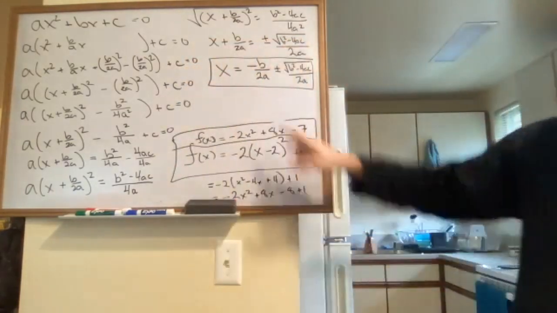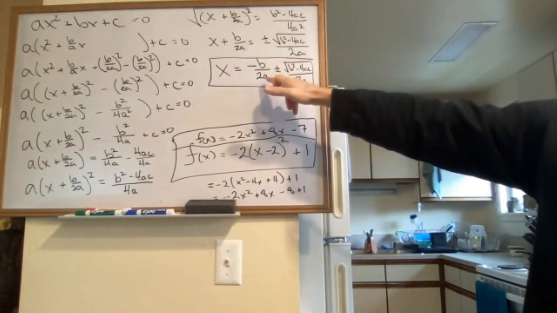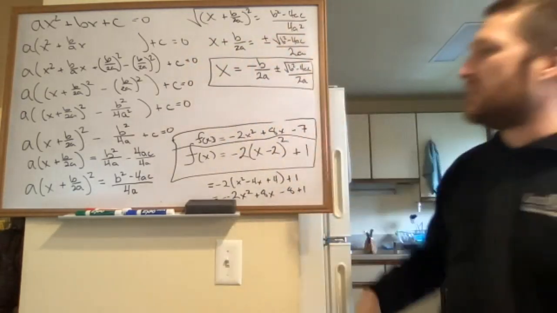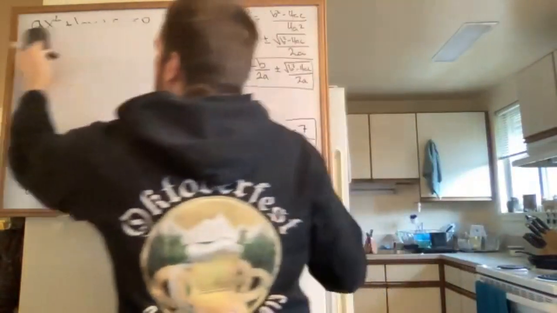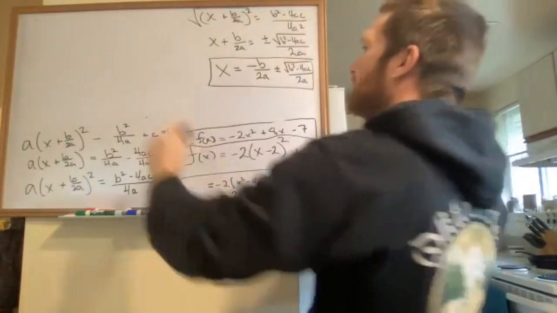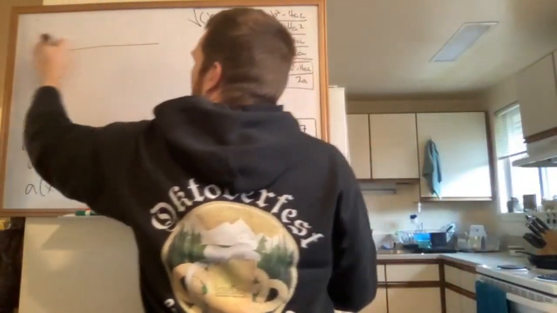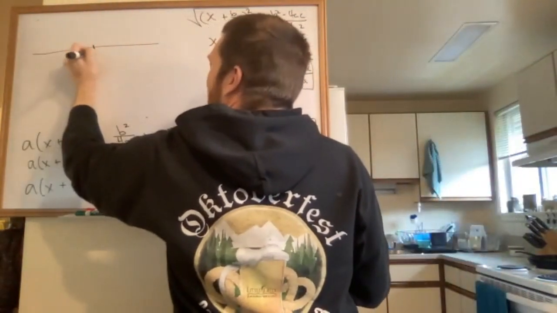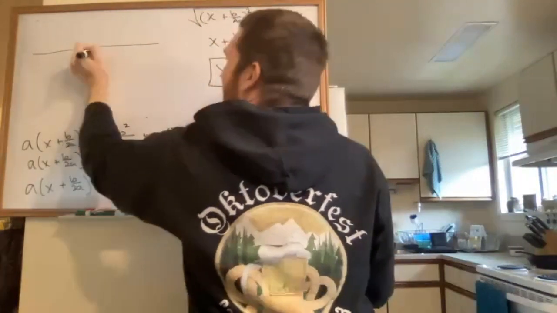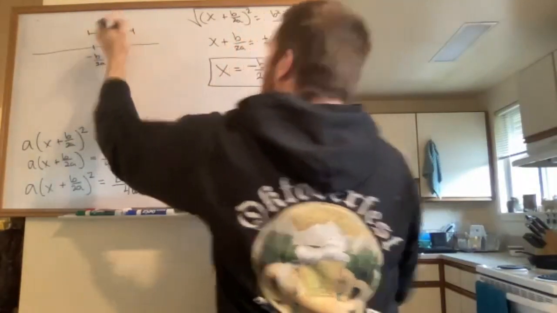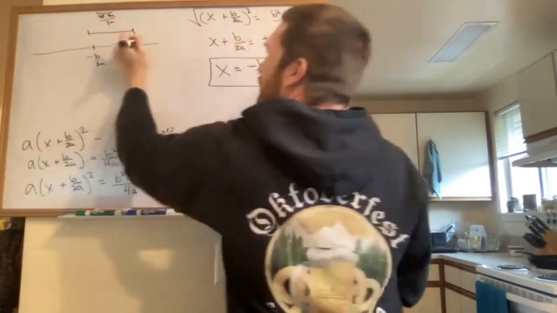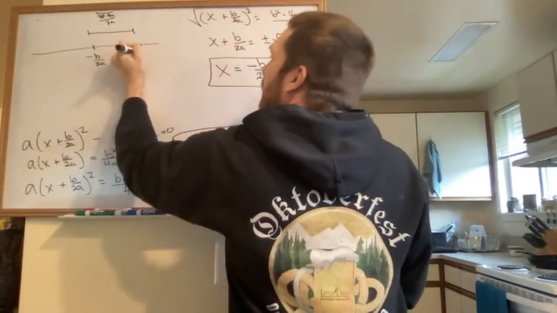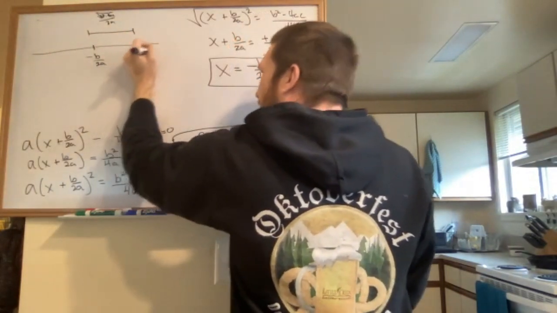And look at what it tells me right there. It says that the zeros of this parabola, so I'm going to go ahead and get rid of a lot of this stuff, occur at minus b over 2a plus a certain distance, which happens to be the square root of b squared minus 4ac all over 2a, to end up at minus b over 2a plus the amount.